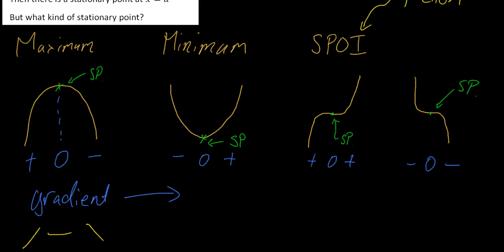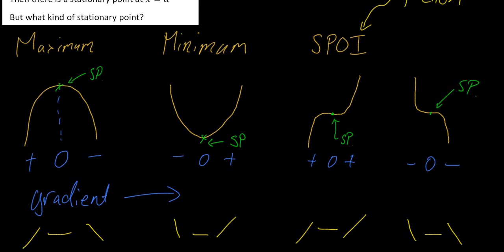For the minimum, we have a negative gradient, negative, flat, positive. For the stationary point of inflexion, we have positive, flat, positive again, and of course over here, negative gradient, flat, and negative again. This is the kind of notation that we're going to be using when we describe each of these.